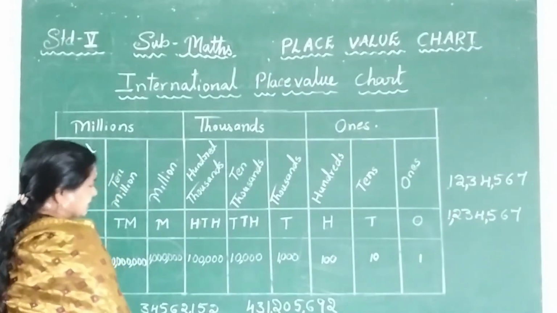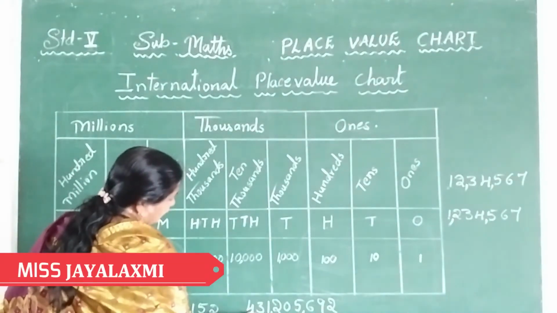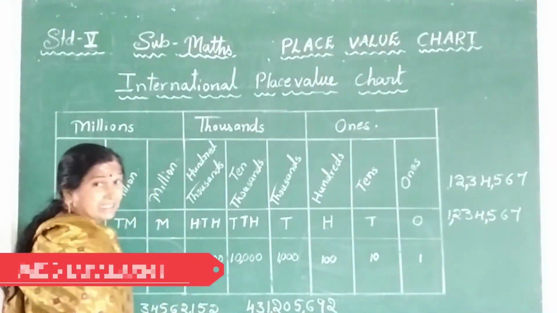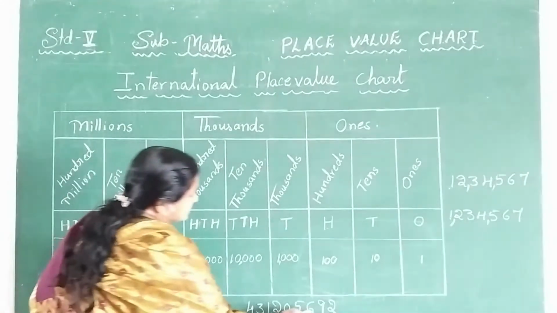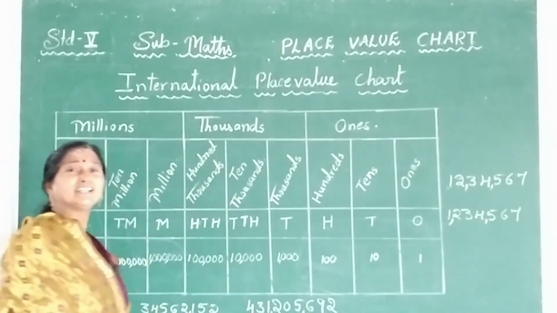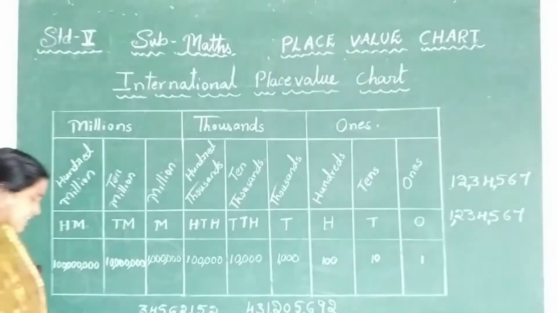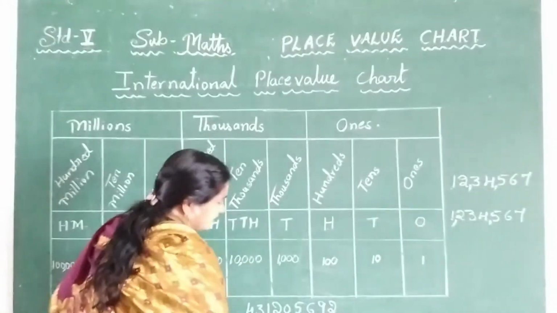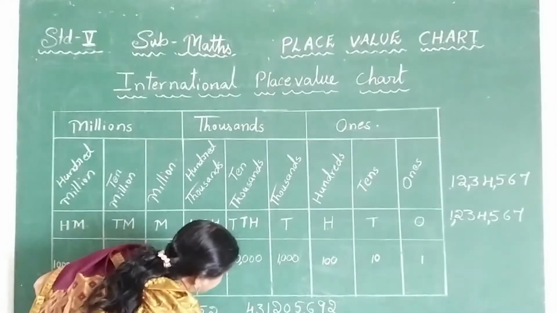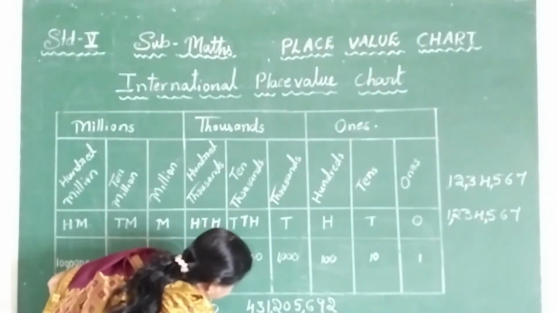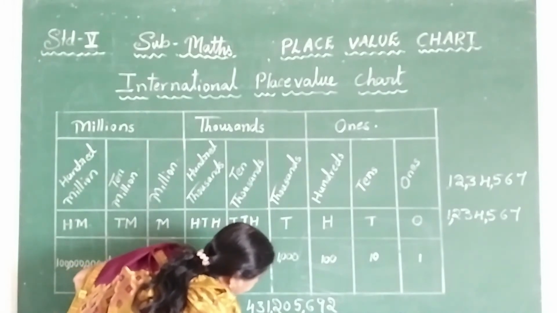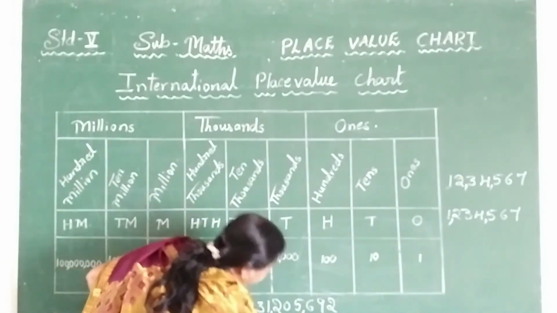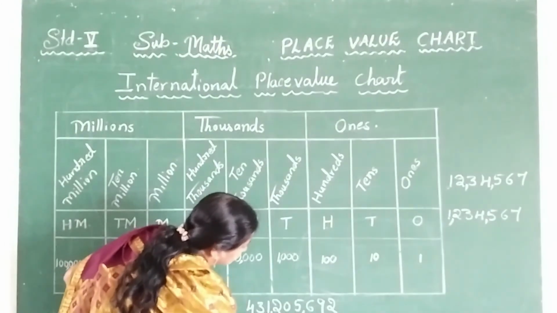See, how to read this? 431,205,692. So, this one according to our Indian system: one, two, three.